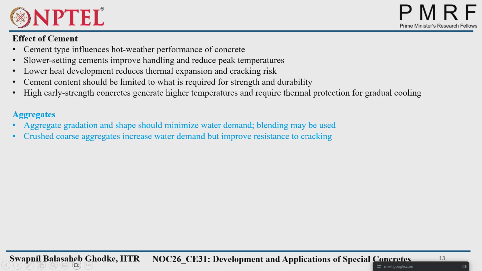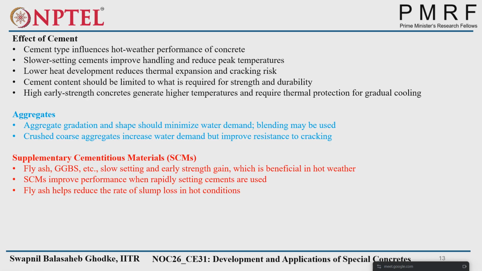So that's why they said blending may be used, meaning a mixture of aggregates or proper gradation of the aggregates, to avoid the extra water demand. Crushed coarse aggregates increase the water demand but improve the resistance to cracking.